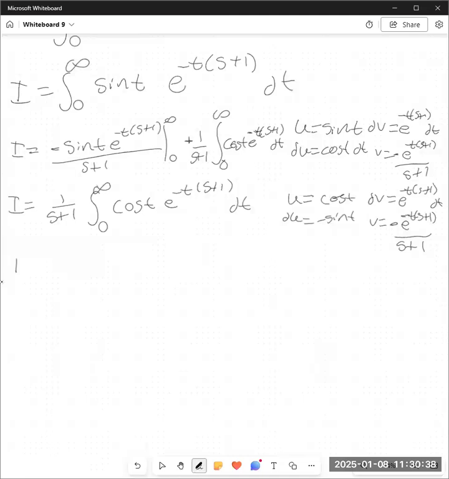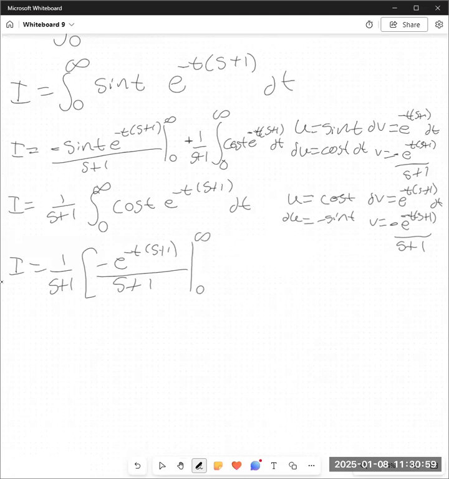So let's scroll this up now. I is equal to 1 over s plus 1 times uv, so negative e to the negative t times s plus 1 over s plus 1, evaluated from 0 to infinity, minus the integral of v du.